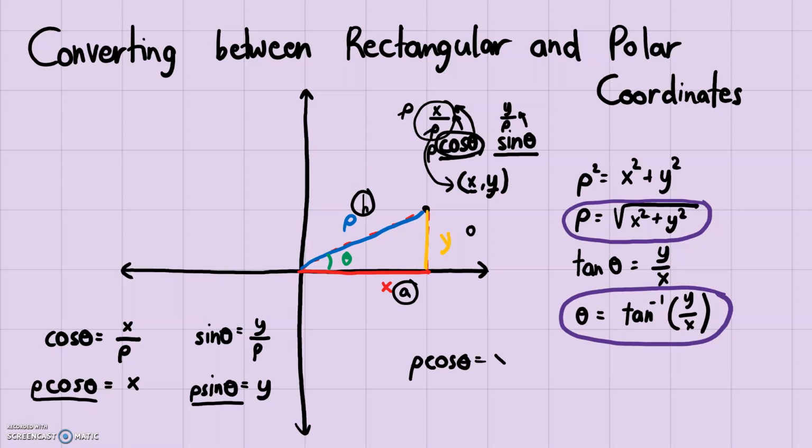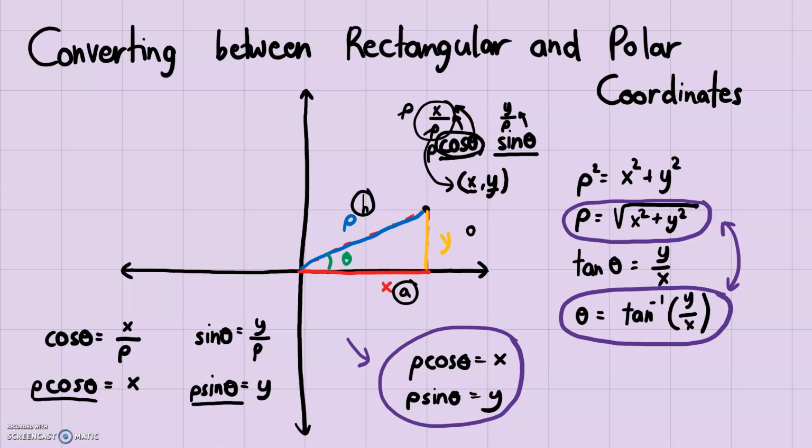So that's going to give you the x, and that's going to give you the y. Okay, so these are the conversions you can use to go back and forth between polar coordinates and rectangular coordinates. This is going from rectangular to polar, and this is going from polar to rectangular.